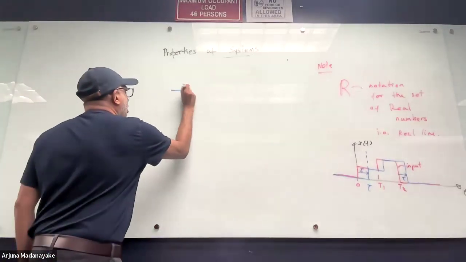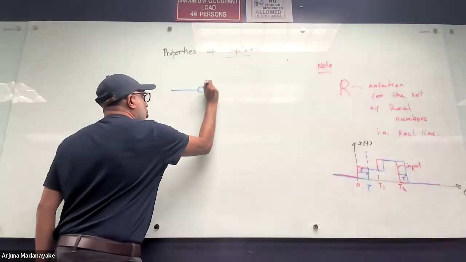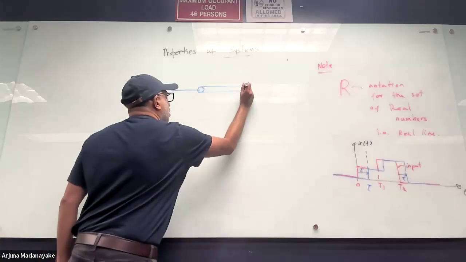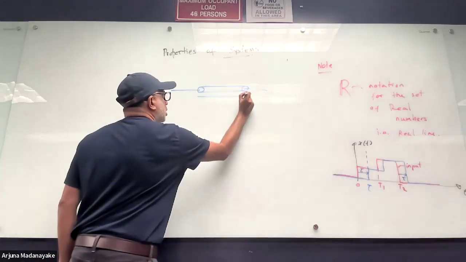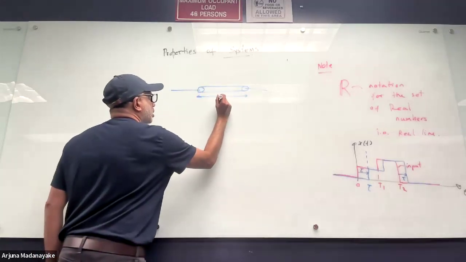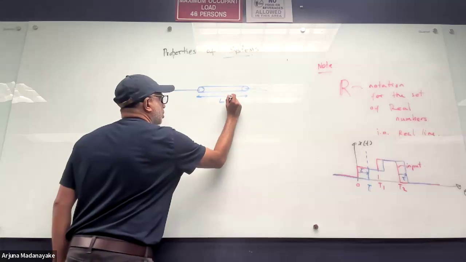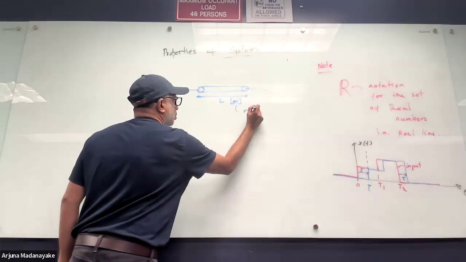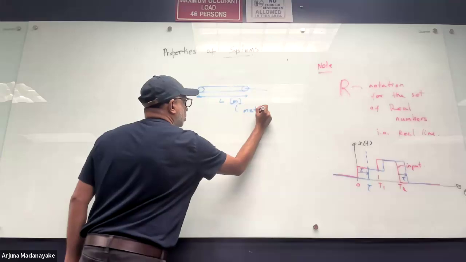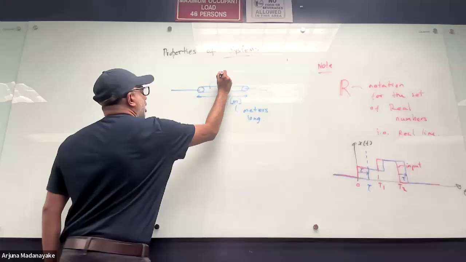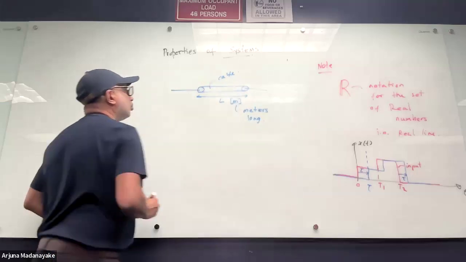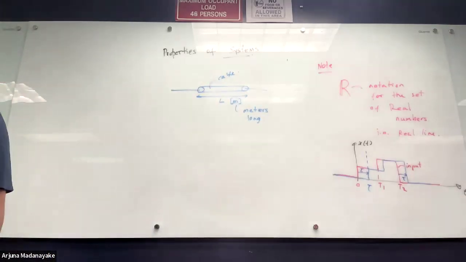So imagine you have a cable. I'm going to draw the cable like so with some length. Let's say this is a long cable that is L meters. This is my cable.